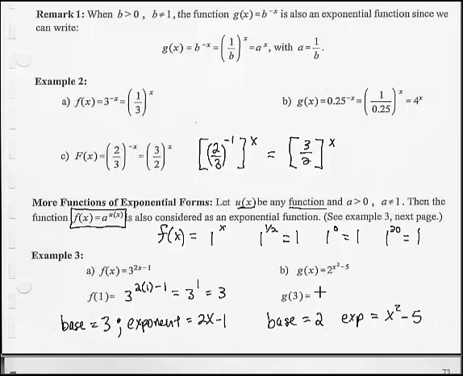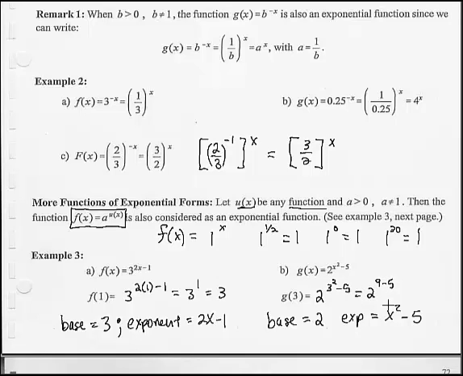G of 3, we have 2 raised to the power of x squared minus 5. So we plug 3 into the exponent and we square it. This 3, the square, minus 5, this is all inside of the superscript. We need to calculate this and then write the outcome as an exponent. 3 squared is 9.